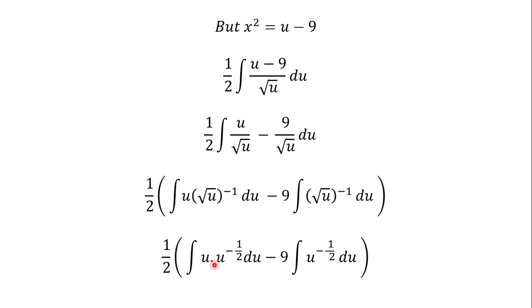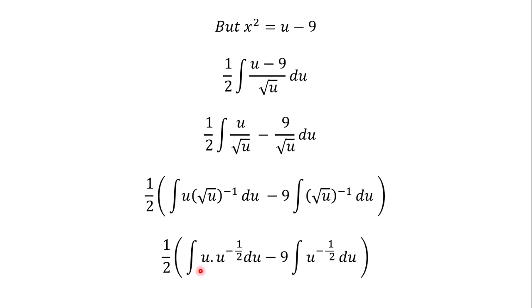So this dot here does not mean u point something. No, this dot here is telling us that we are multiplying. So anytime you see something like 2x dot x, it simply means 2x times x.